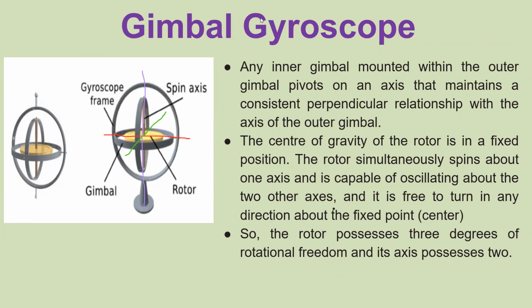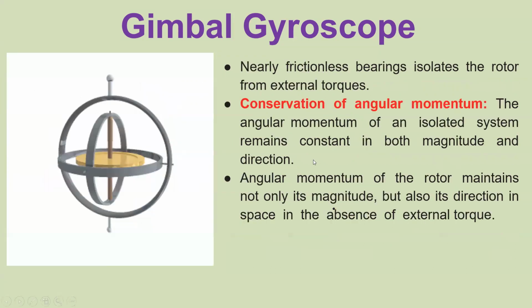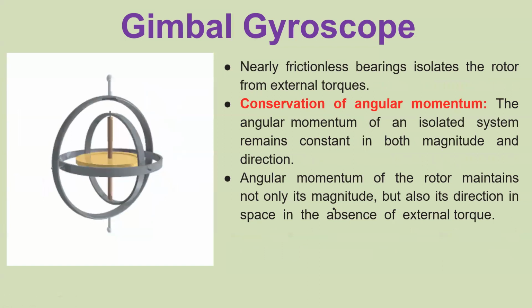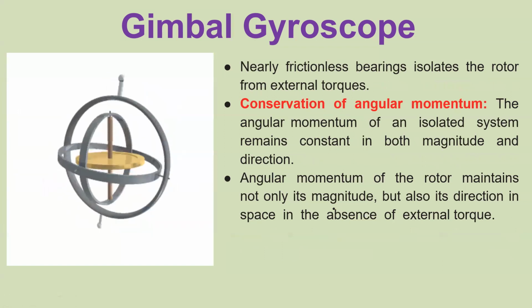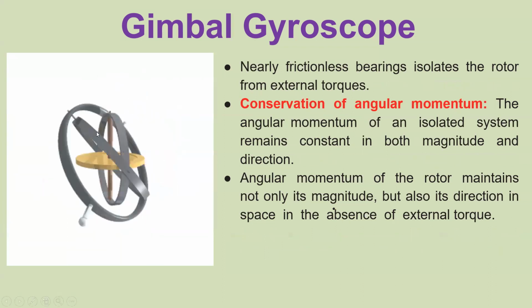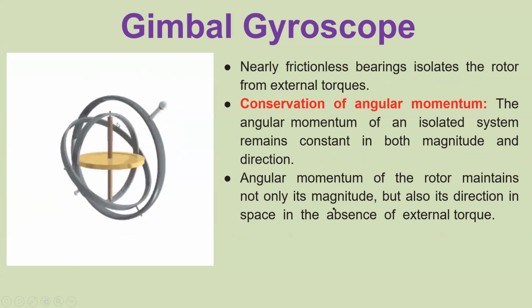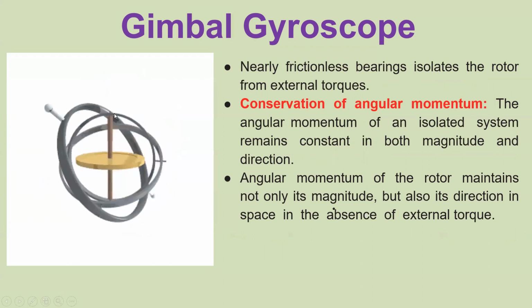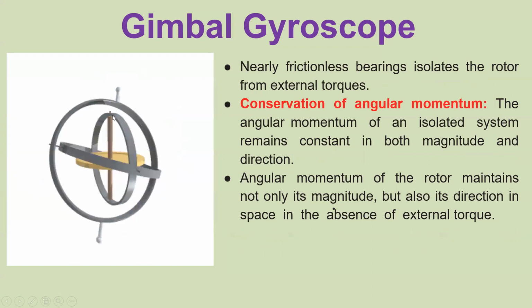I can show it in an animation. This is how it works. So you can see this is the outermost gimbal, this is the middle gimbal, and this is the innermost gimbal, and you can see they are rotating.